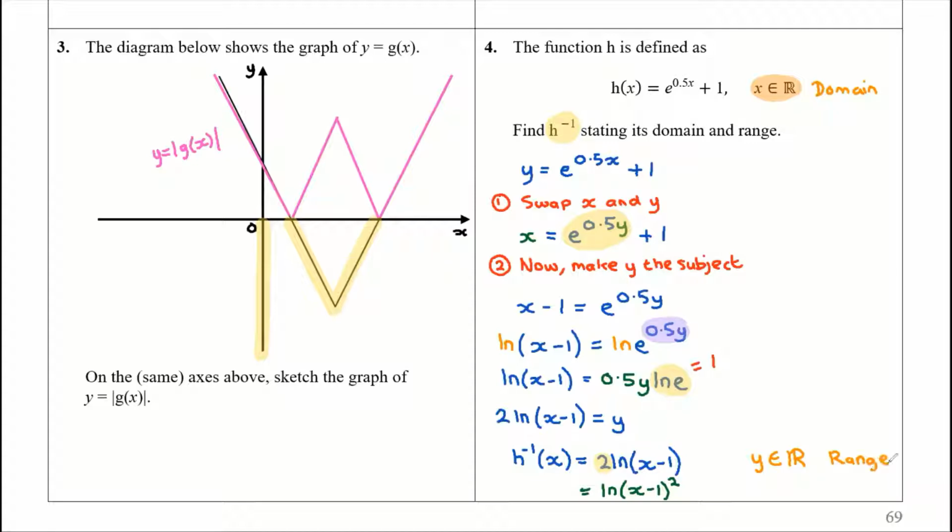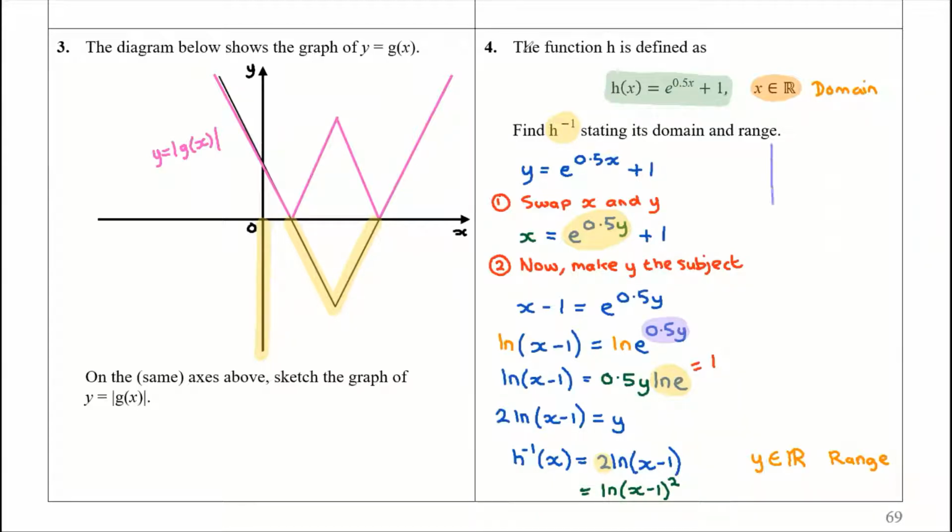Now, to get the domain of my inverse function, i.e. the x values I'm allowed to put in, you can either work on the inverse function itself and try to figure out what the domain would be, or you can go back to the original function and try to figure out what the range of this function is. So I'm going to do that. If we look at h and consider what it looks like, I'm just going to do a little sketch of it.